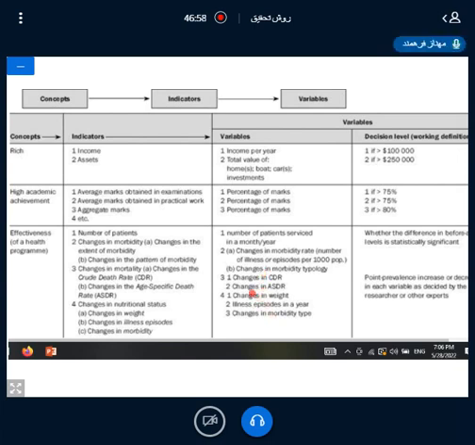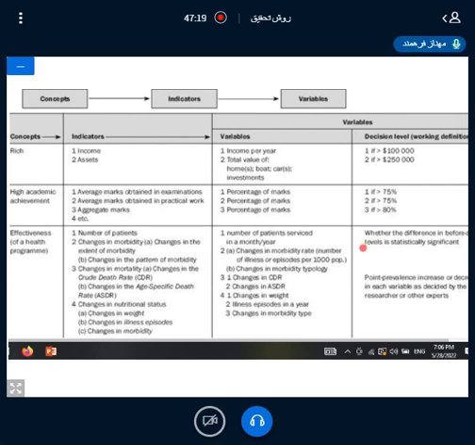Another variables are changes in weight, illness episodes in a year, and changes in morbidity type.